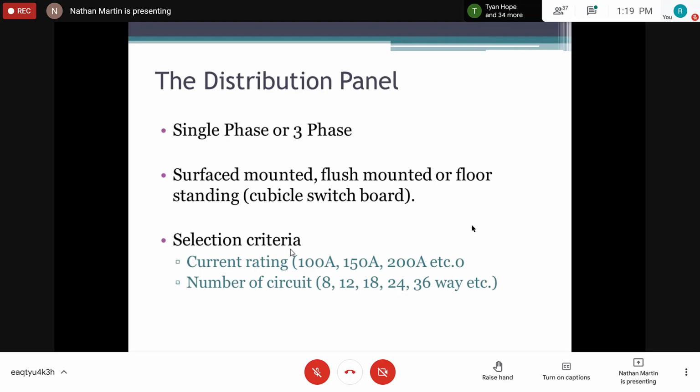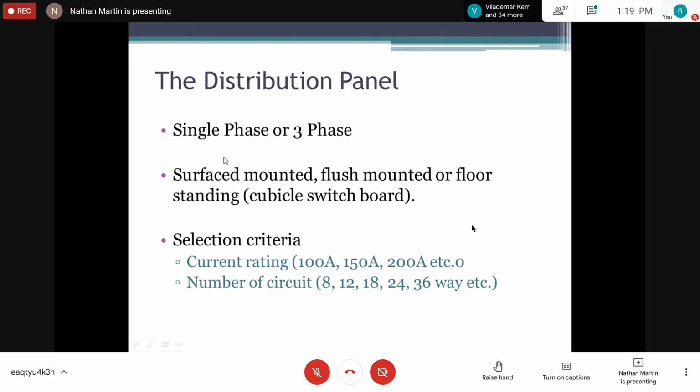A single-phase panel will have two bus bars for carrying current, while a three-phase panel will have three bus bars for carrying current, right? It will also have an earth terminal, and it will have a neutral terminal.